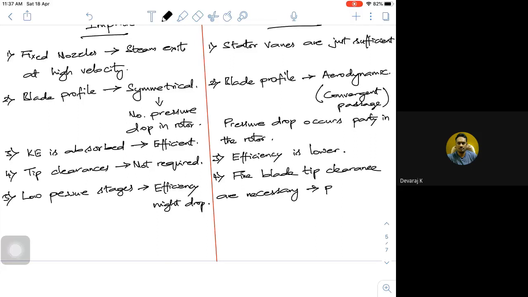To be very precise, no leakages. And there's a disadvantage of this. If I have fine blade tips, any damage to the tip of the blade may prove very costly.